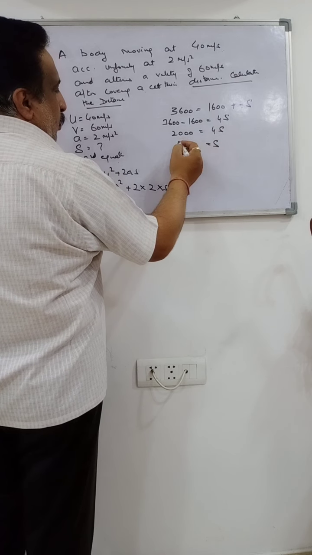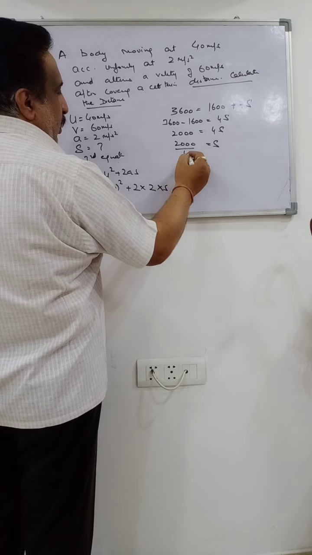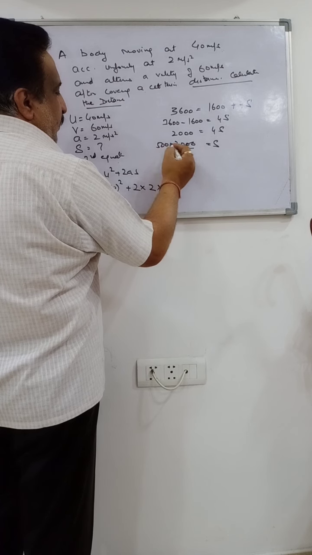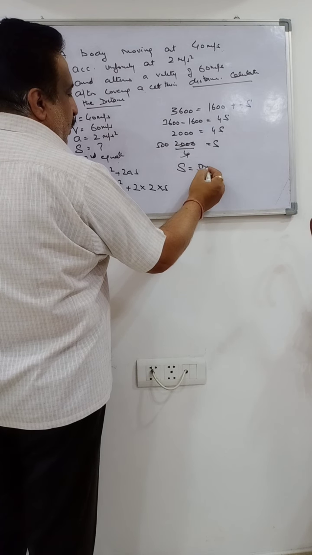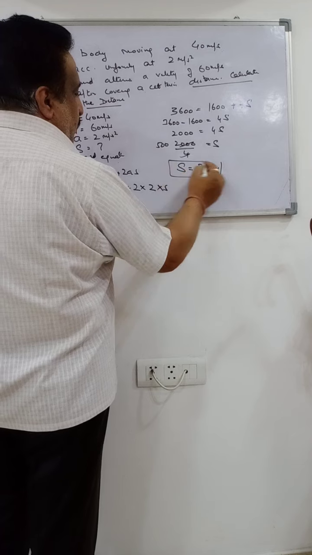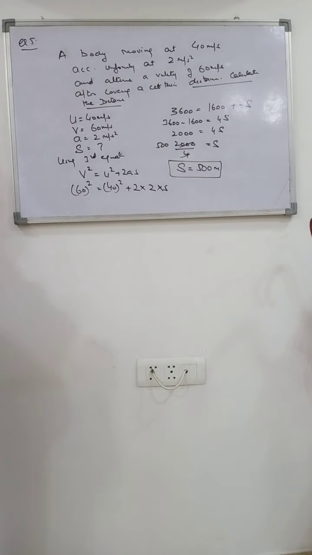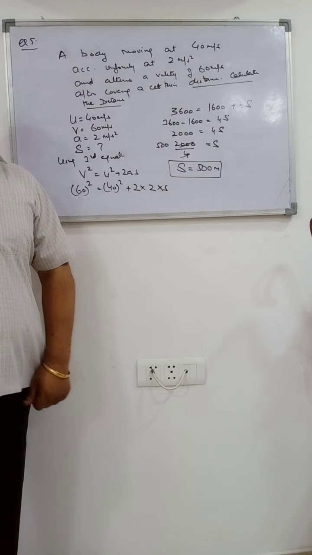S is equal to 2000 by 4, that is 500. So distance is 500 meters. So that means the distance covered is 500 meters.